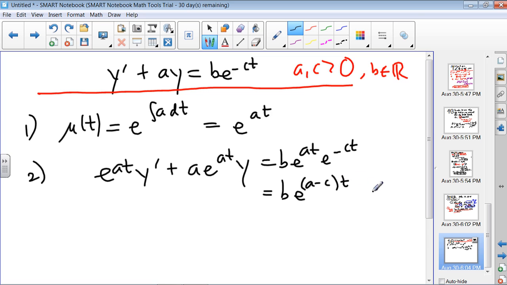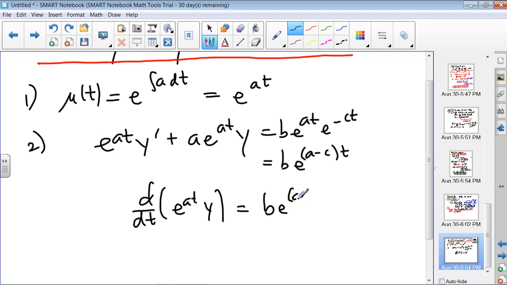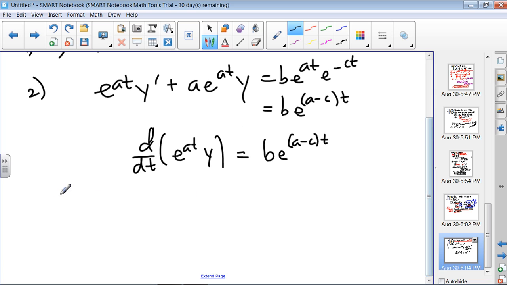The left-hand side, we're guaranteed, is the derivative of the integrating factor times y. So it's looking like we're in pretty good shape. Now, this is the point where we might want to start to worry, because if we integrate both sides, on the left-hand side we have this, on the right-hand side we just have this integral.